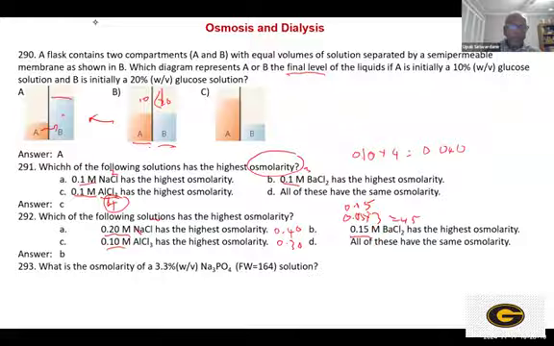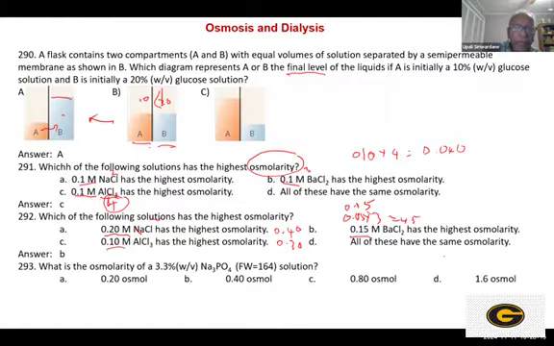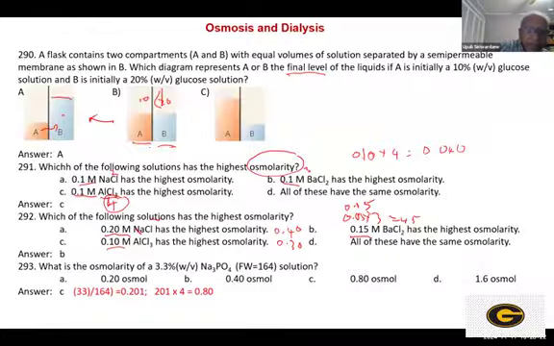Next question. What is the osmolarity of this solution? We talked about it. The number of grams of weight here is 10 times 3.3 is 33.